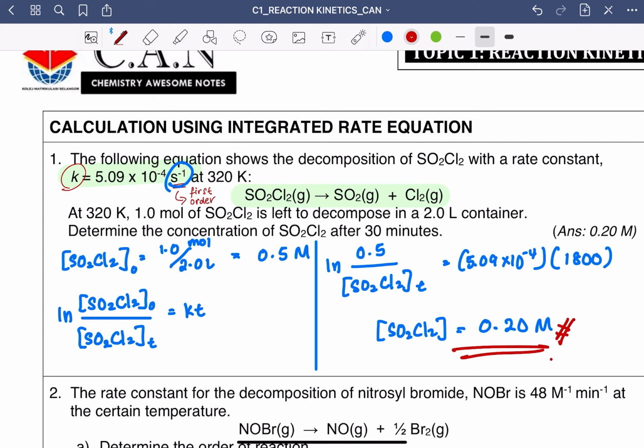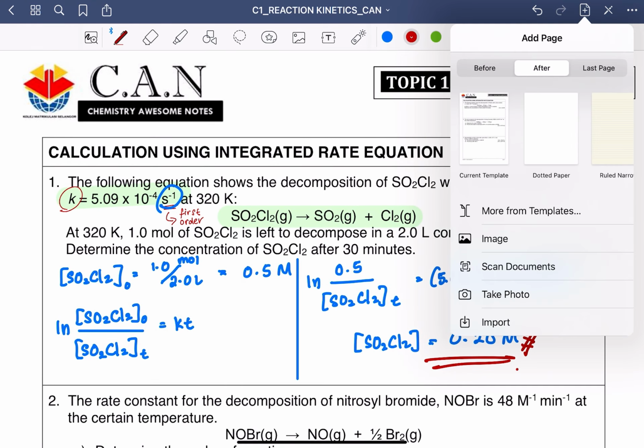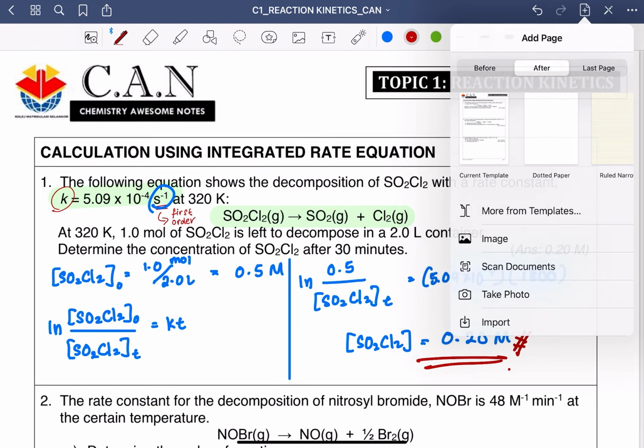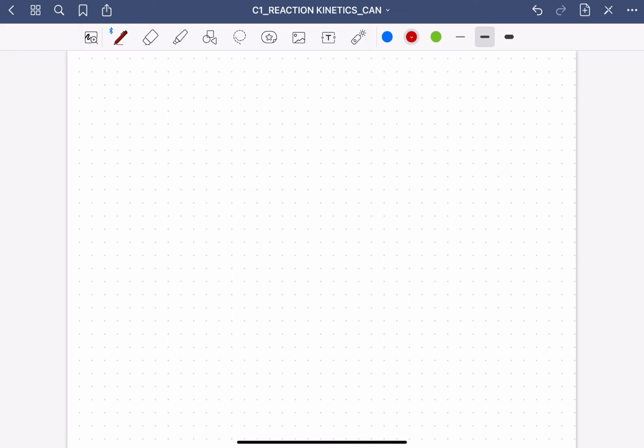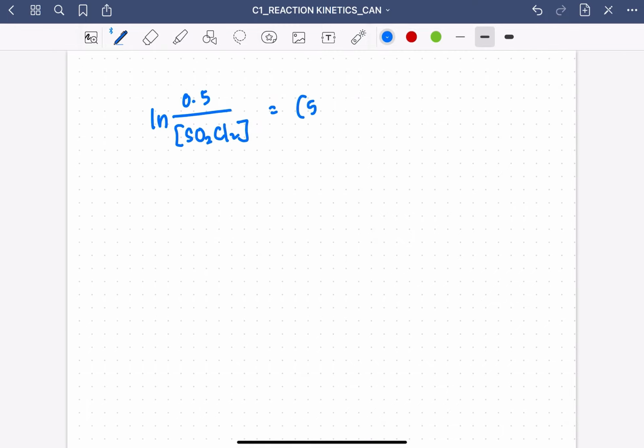Okay, so let me elaborate. Maybe some of you don't understand how to do the mathematics. Let me try to give an idea first. So we have ln 0.5 over SO2Cl2 equals 5.09 × 10^-4 times 1800.